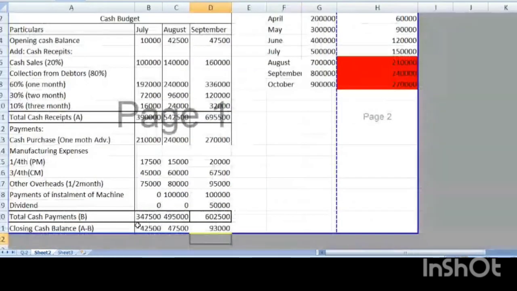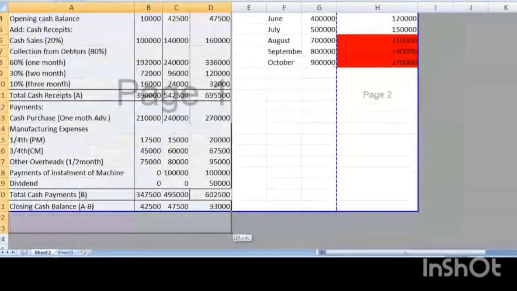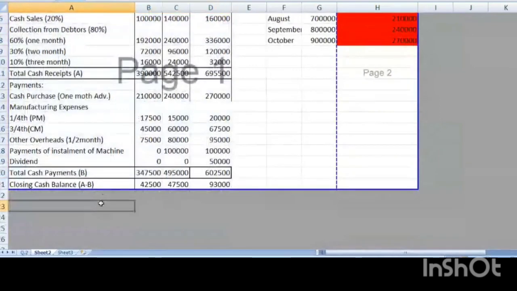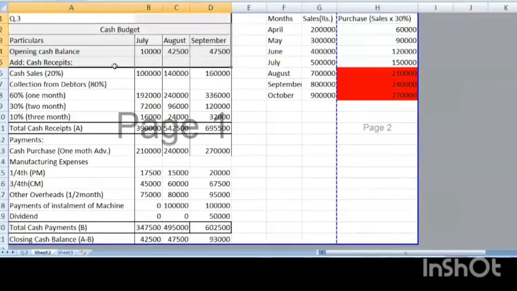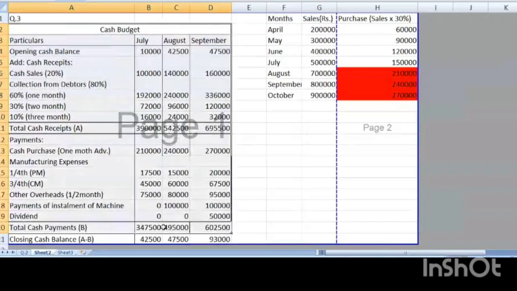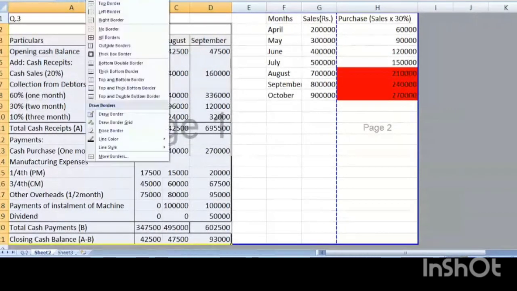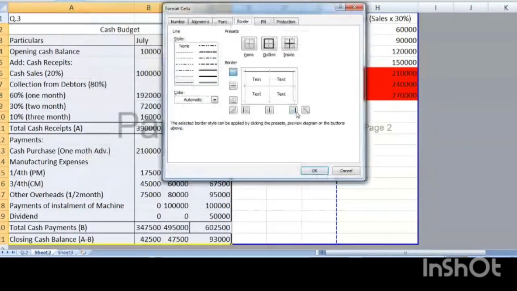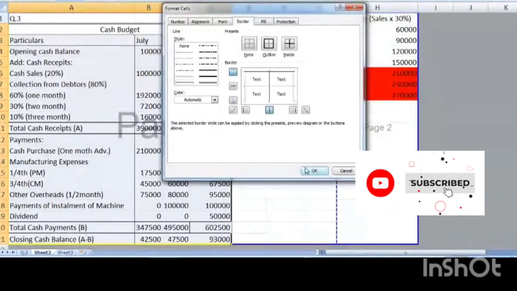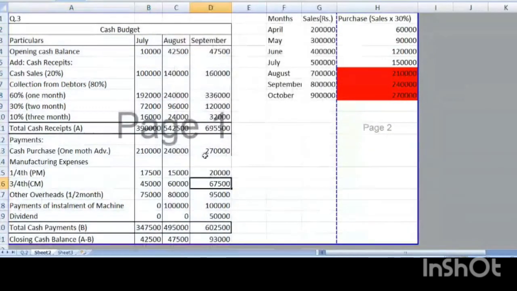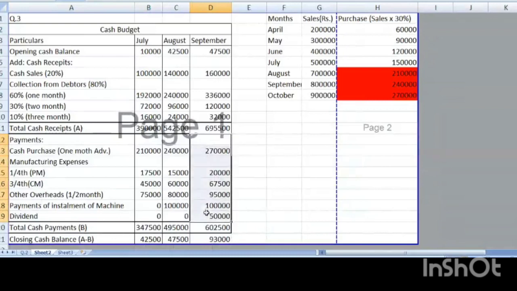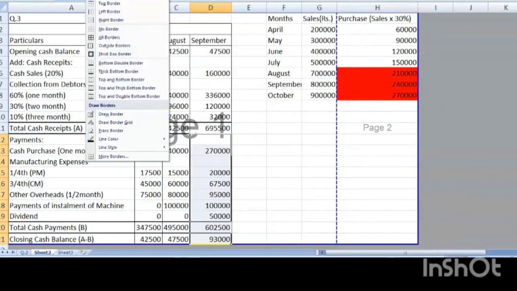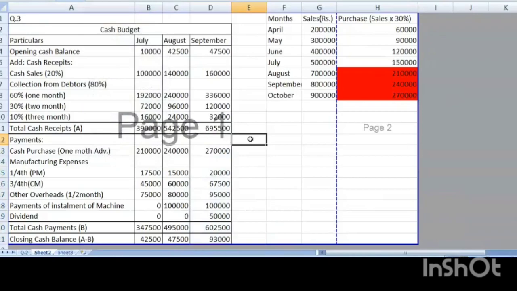So your example is looking like this. This is your cash budget.